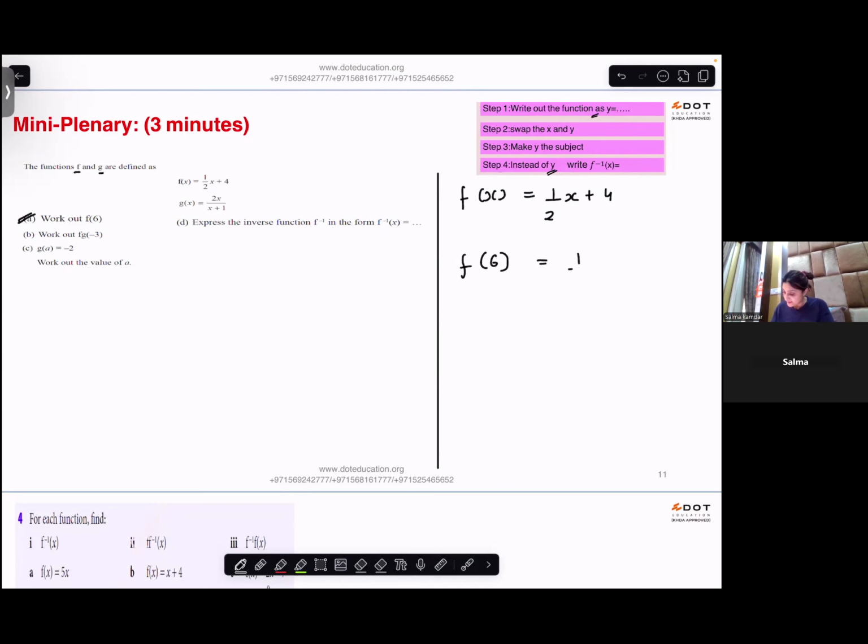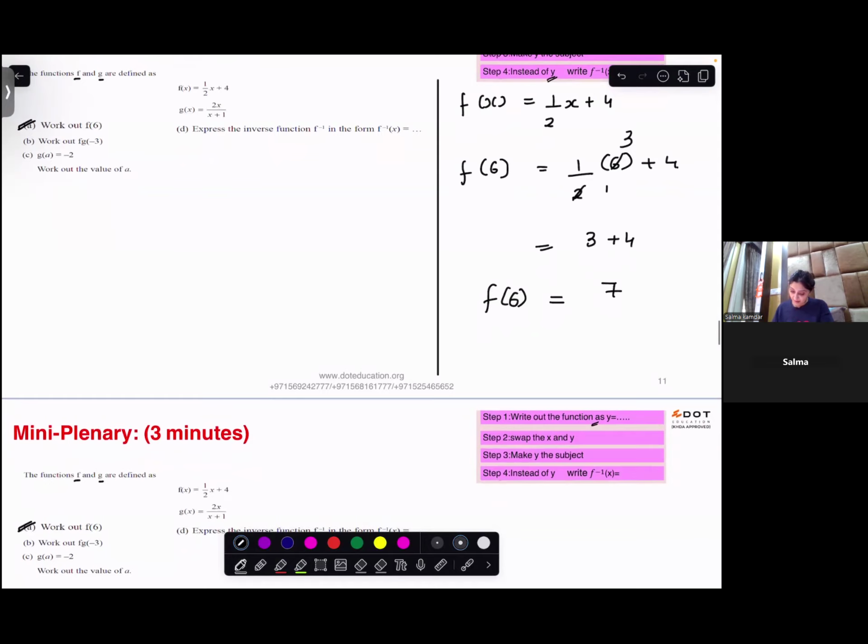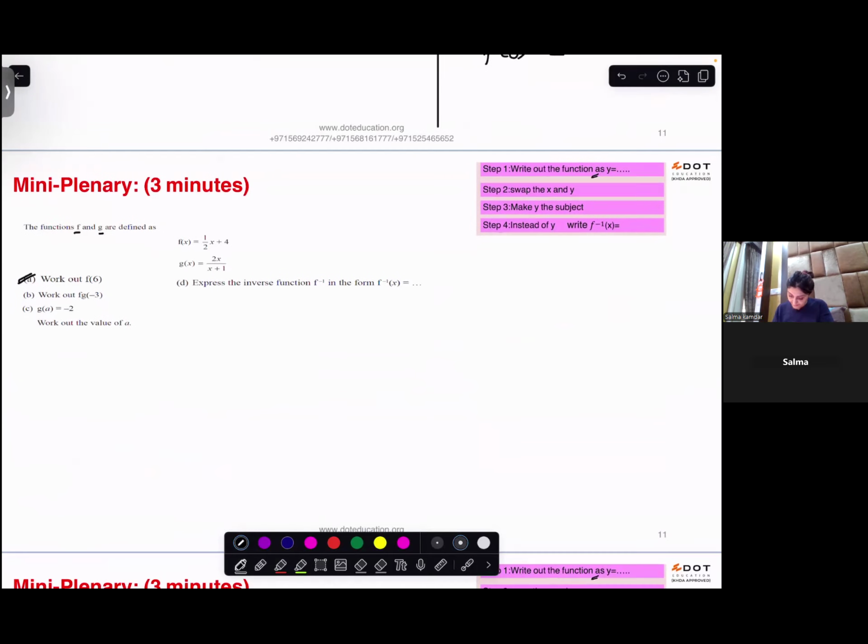So f of 6 is going to be half of 6 plus 4. So this is 2 ones and this is 2 threes. So f of 6 is 3 plus 4, that is 7. Okay, let's go ahead. So I have my f of 6 is 7. Let's go to the next part, B part.